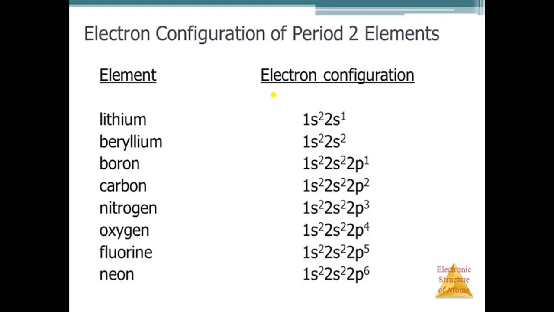When we write the electronic configuration of second period elements, for lithium it is 1s2, 2s1, for beryllium 1s2, 2s2, for boron 1s2, 2s2, 2p1, then carbon 1s2, 2s2, 2p2, nitrogen 1s2, 2s2, 2p3, oxygen 1s2, 2s2, 2p4 and so on.